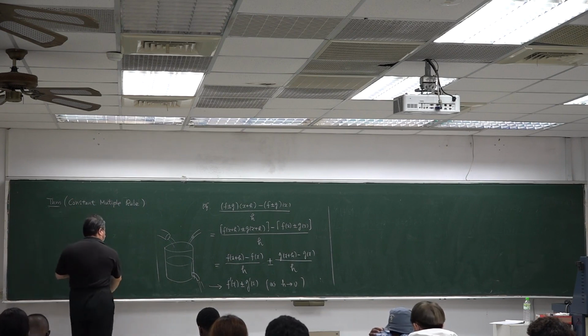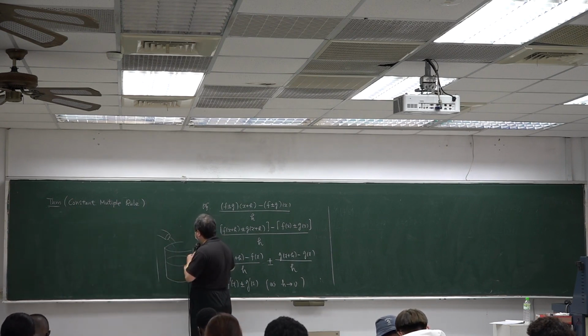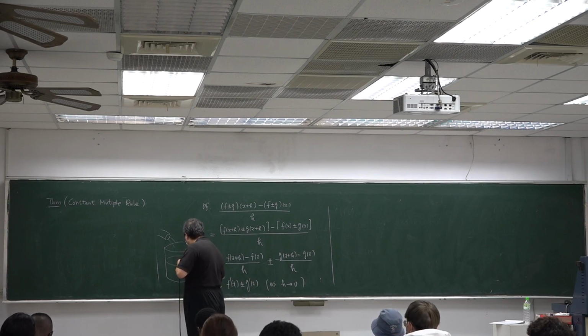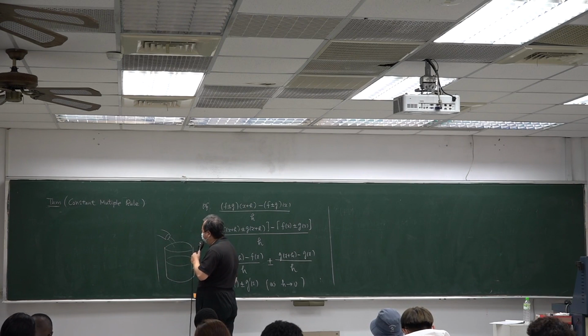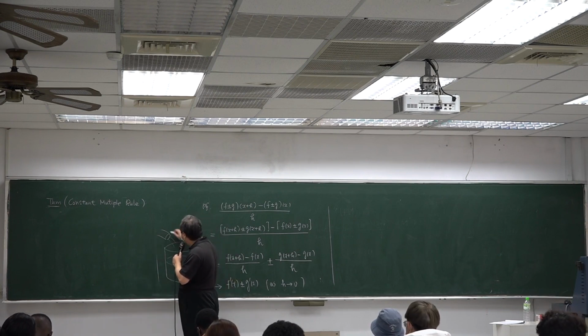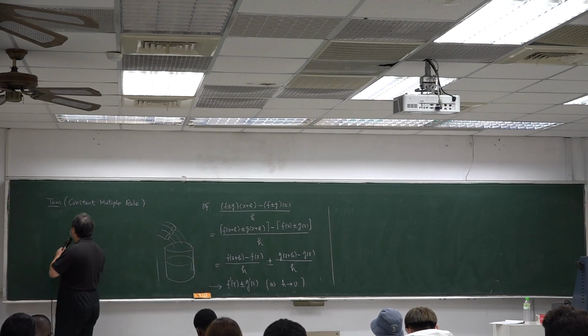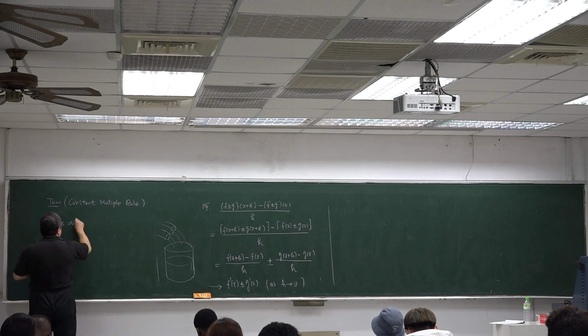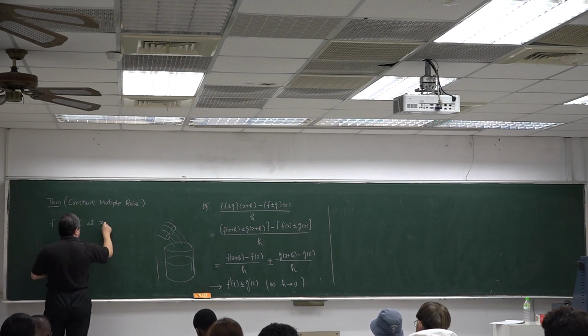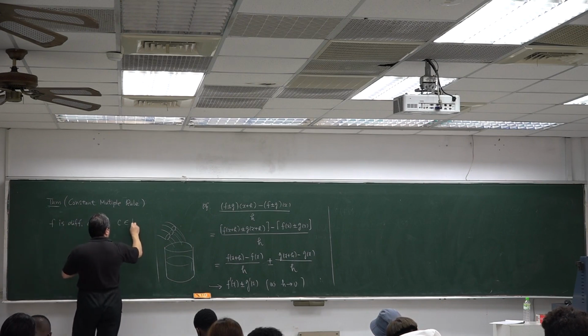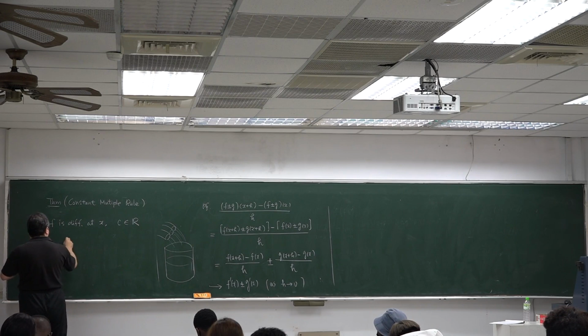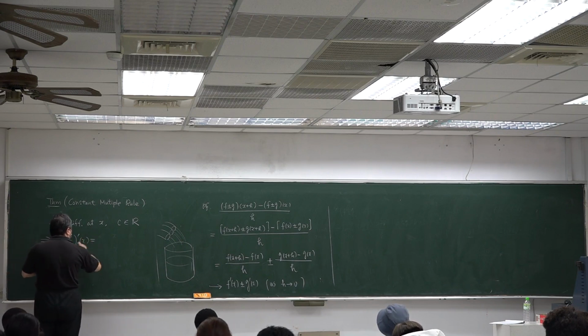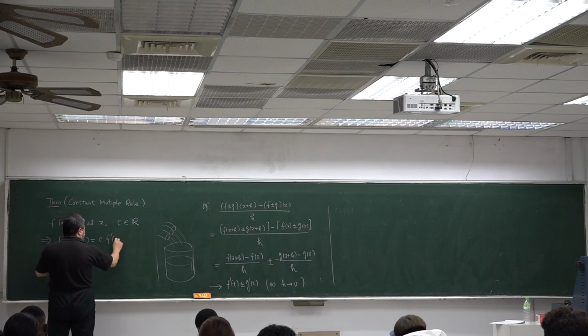Constant multiple rule. If we put water in some tank using one pipe, but now we use three same pipes, c times f is also differentiable at x, and whose derivative will be c times the derivative of f at x.